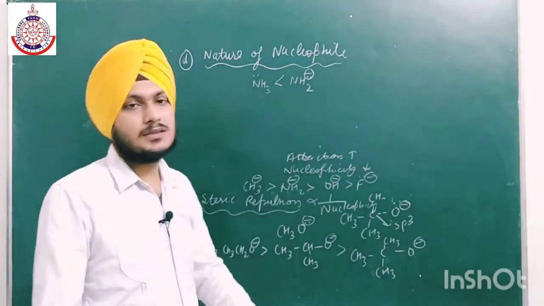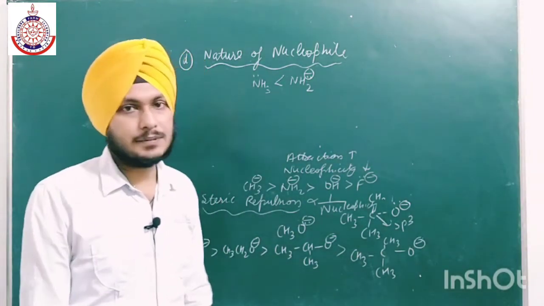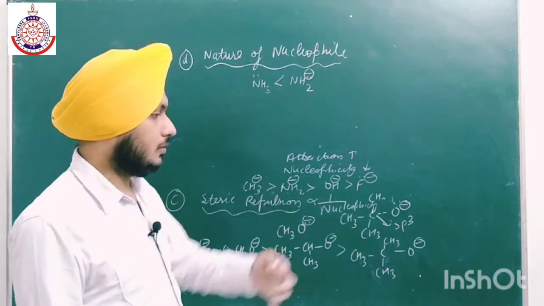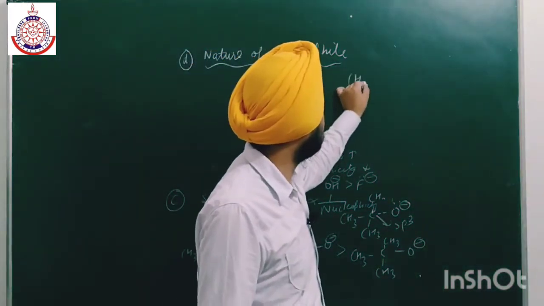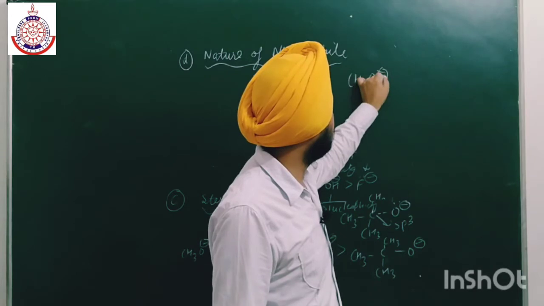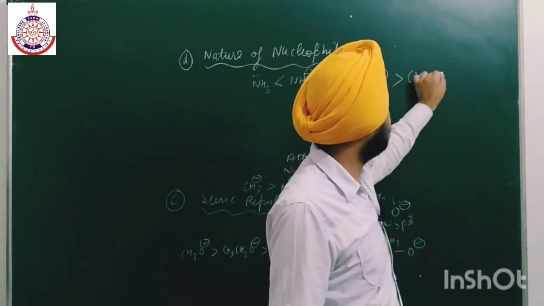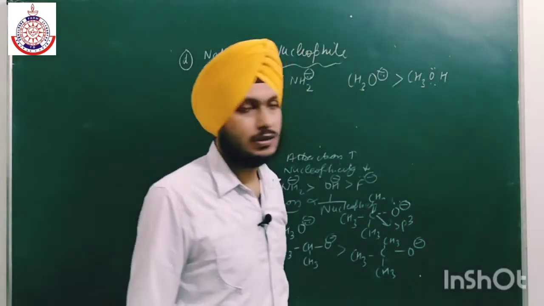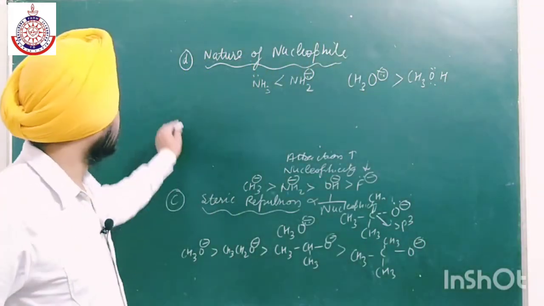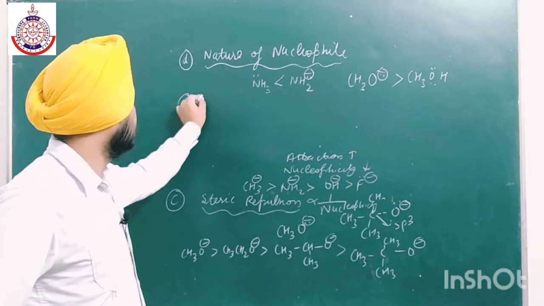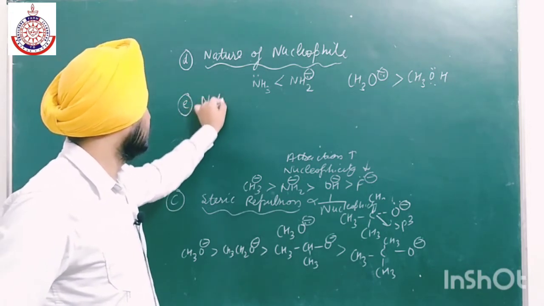Any charged species is less stable as compared to a neutral species. Similarly we have CH3O negative with lone pair, so its nucleophilicity will be more than CH3OH. This is the fourth factor, and the last factor is nature of solvent.